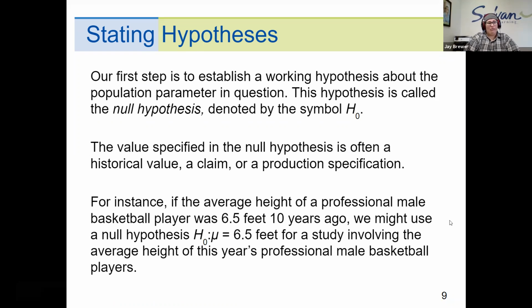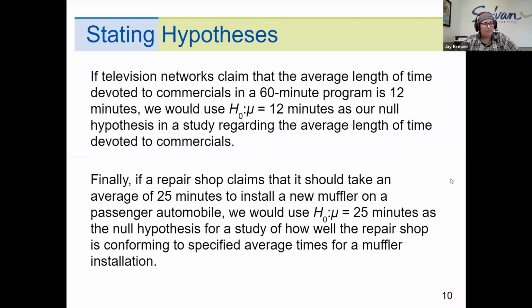So that doesn't necessarily mean that you're going to get an average of 6.5 feet, but it just kind of means like, well, in the past, this is what happened. So I'm fairly statistically confident that it could still be happening. More likely than not, you're going to see kind of an increase. But that's what you would end up finding in your study.